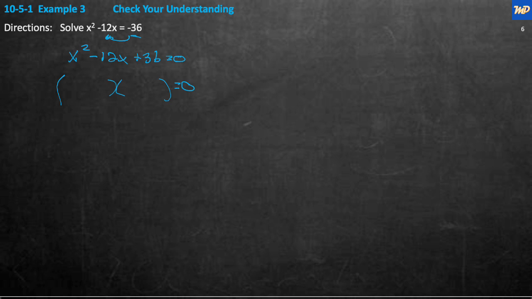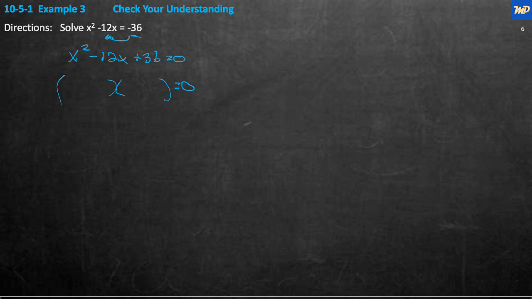Since this term is positive, it means that to get a positive number by multiplying two numbers, either both terms have to be positive or both have to be negative. Well, I see that for our B term, we have to add them together and get a negative. The only way you can get a negative by adding two positives or two negatives is if they have to be negatives. So we know that we're dealing with a negative term in each binomial.